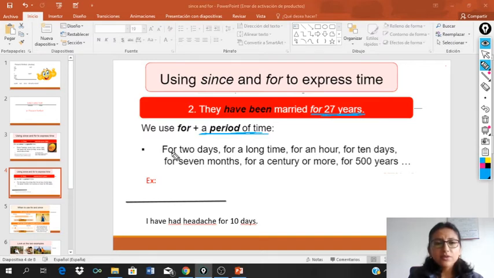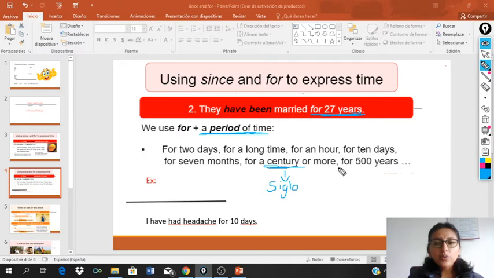For example, for 2 days, for a long time, for an hour, for 10 days, for 7 months, for a century. What is the meaning of century? Okay, century, siglo. Okay? Or more, for 500 years.